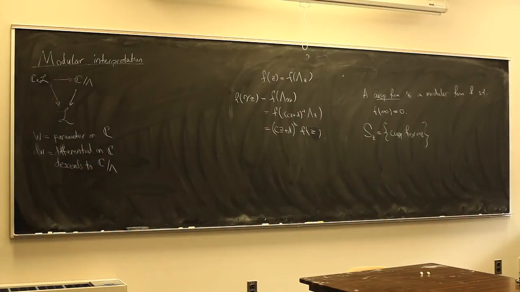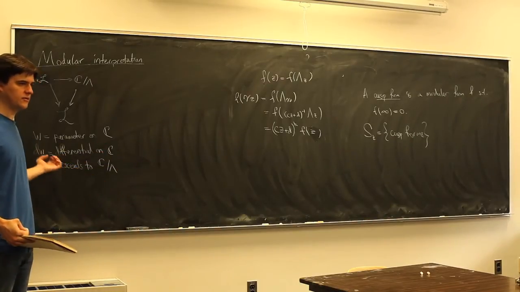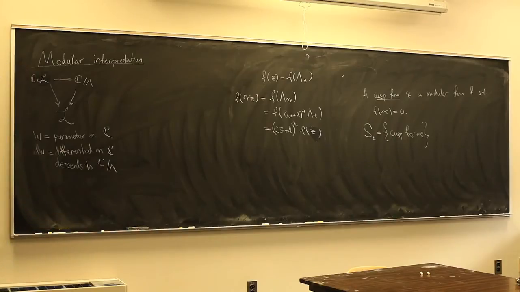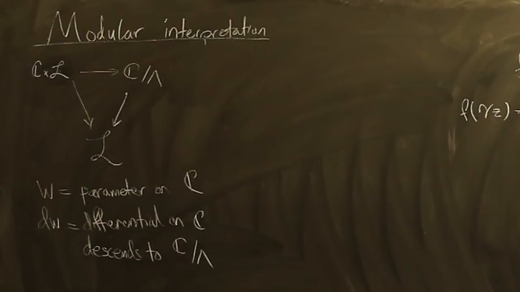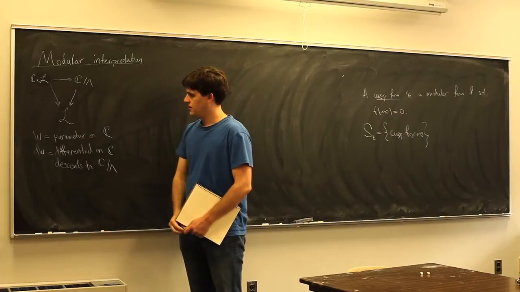So this gives a global holomorphic one-form on this quotient. There's only one dimension of them, and this is one of them. So for each point down here, we've defined a global holomorphic one-form on the elliptic curve over it.